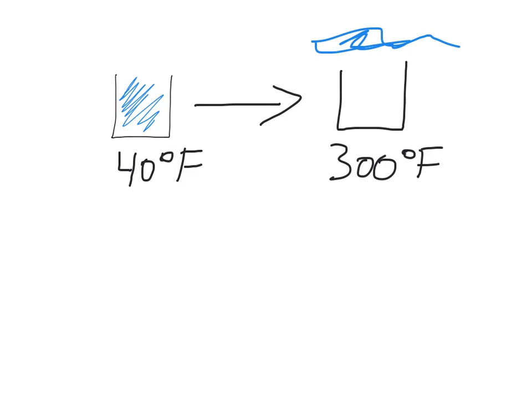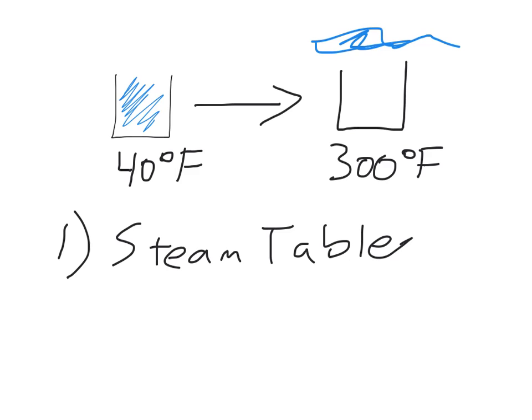First, method 1 is to look up information on the steam tables. So we might look up U1 and U2 being the internal energy at the initial and final state. So I could look up 300 degrees Fahrenheit and 1 atmosphere or 1 bar and look up the U value for that, U2.